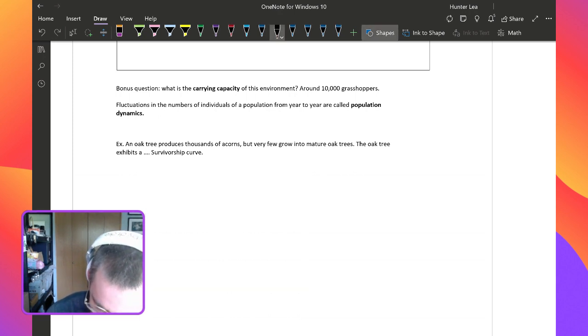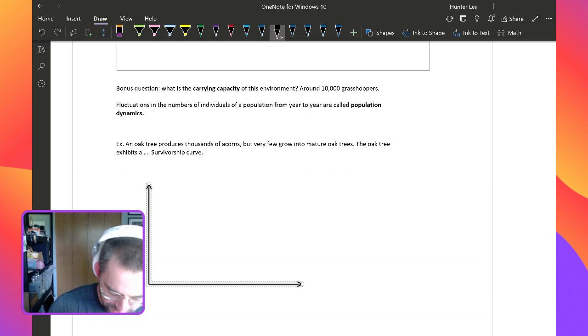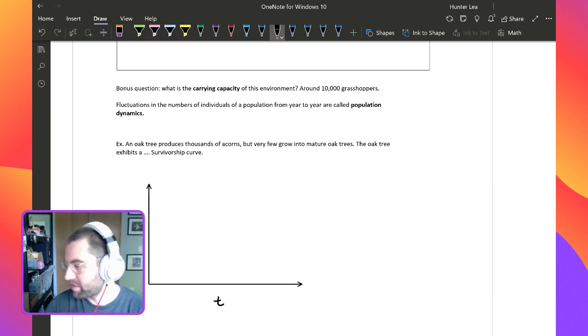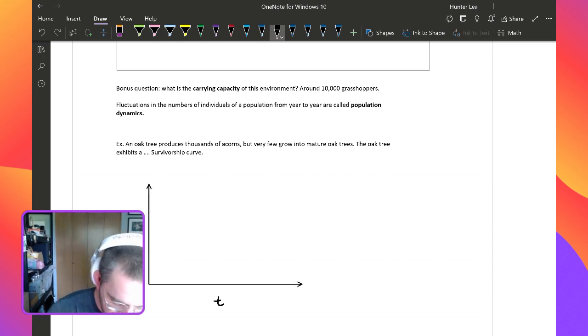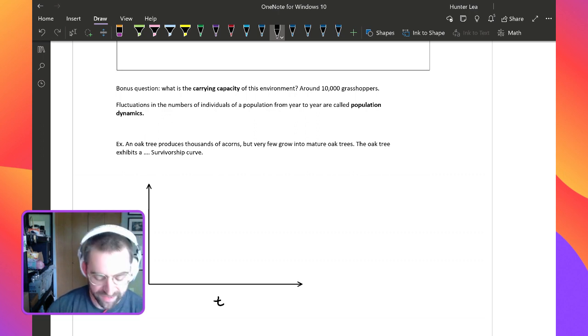So we have time on our x-axis and relative abundance, I'll just do an A. In time, we're also looking at the age of the organisms.